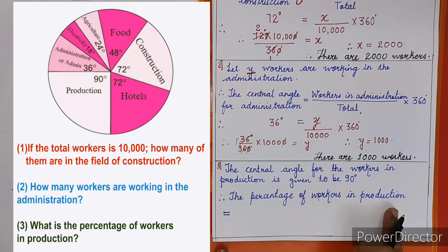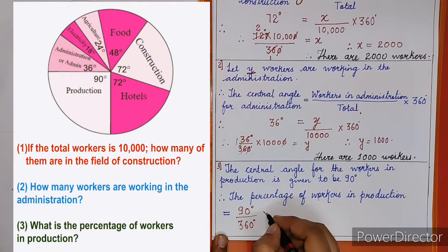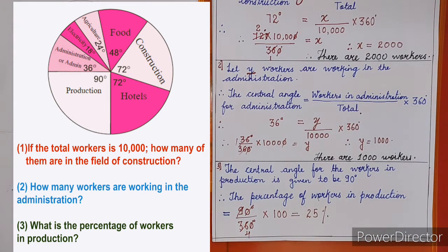The percentage of workers in production is 90 degrees over the total central angle of 360 degrees. We have to find the percentage, so we'll multiply it by 100. So it is 1 over 4 times 100, and 100 upon 4 is 25 percent. This means 25% of workers work in the field of production.